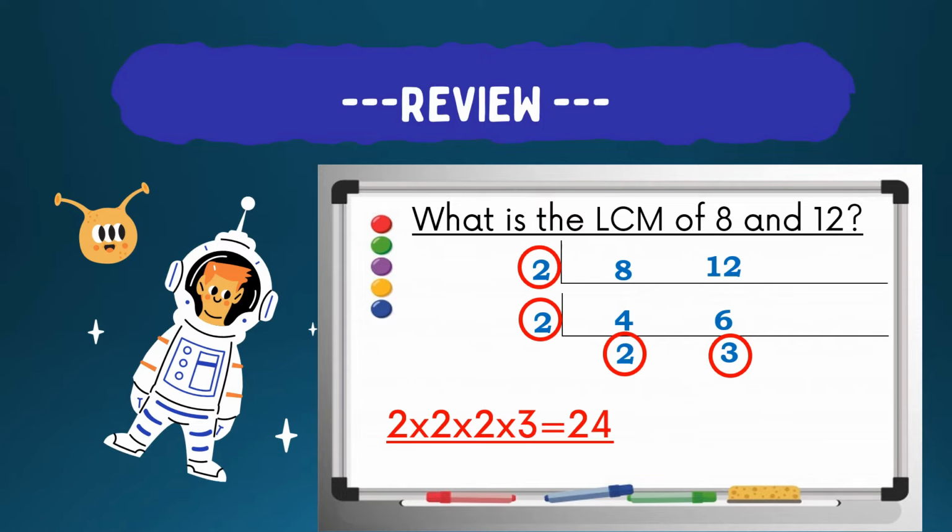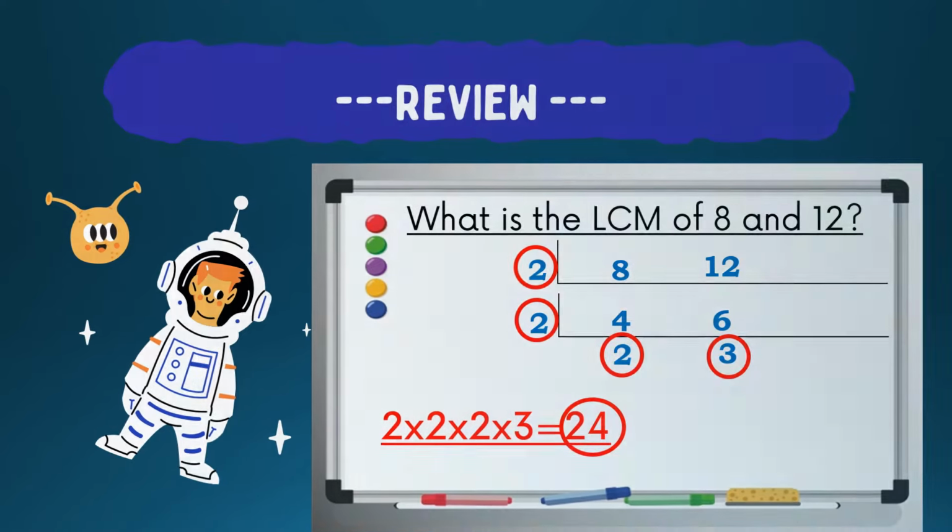So 2 times 2 times 2 times 3 is equals to 24. Therefore, the LCM of 8 and 12 is 24.